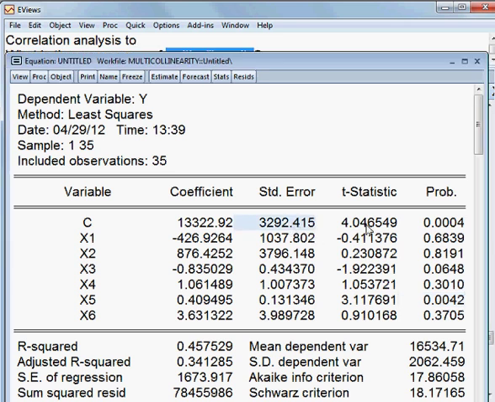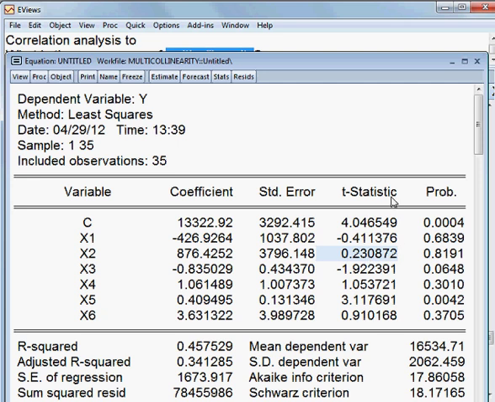The question is how to get the t value. T value means the coefficient divided by the standard error. I can get the t statistics this way. For this one, it means 876.42 divided by 3796, and I get this value. This is the t statistic.